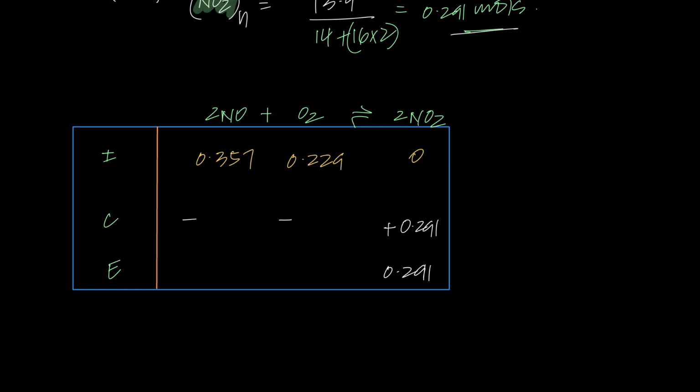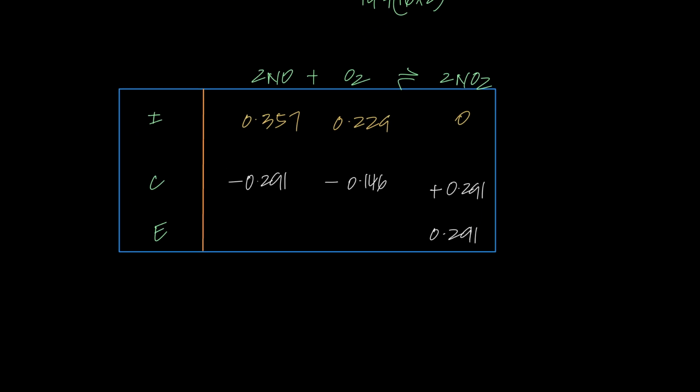Now you figure out the change here. How? It's 2:1. You use this row to figure out everything else in combination with the balanced equation's ratios. So this is plus 0.291, 2:2, so this should be minus 0.291. Similarly, O2 is half of it, the same idea, minus 0.146. What are the moles at equilibrium?